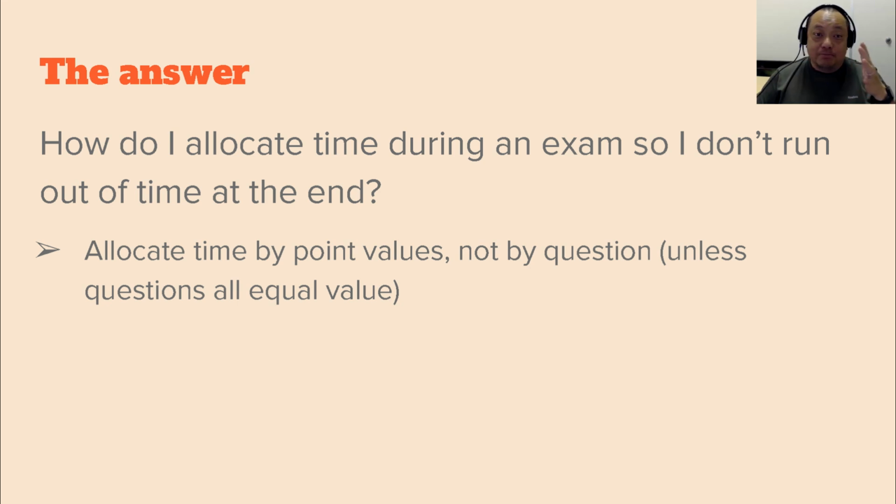Unless you're taking a multiple choice test where all questions are worth the same point values, in which case allocating by points and by questions are equivalent. But in a test where some questions are worth more and others worth less, it's not the same. And your job during a test is to accumulate points, not questions. Therefore, you want to allocate time by points.